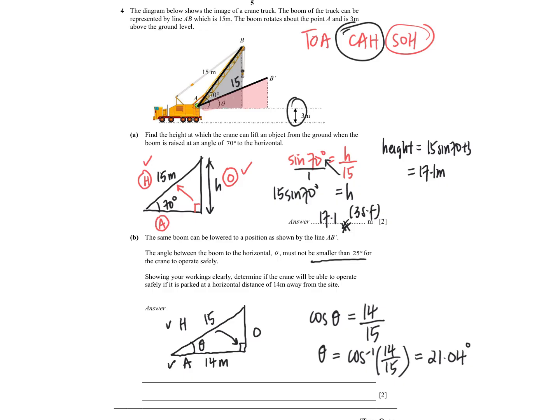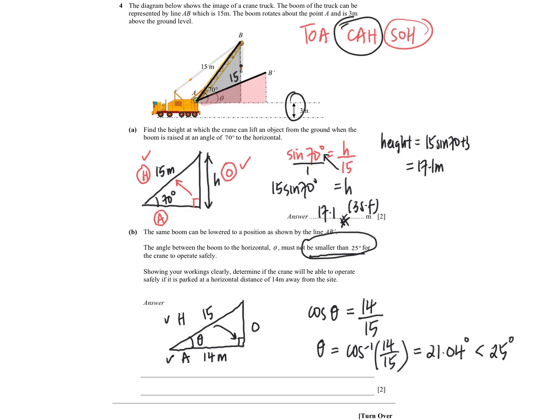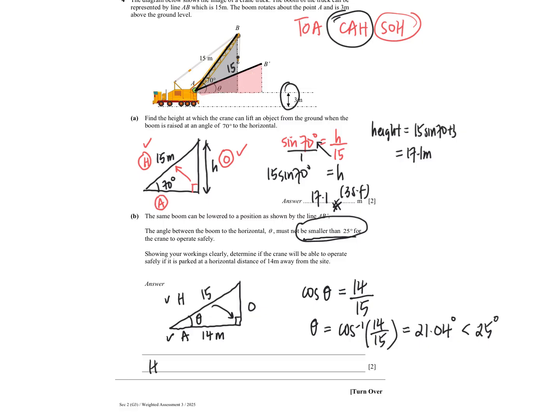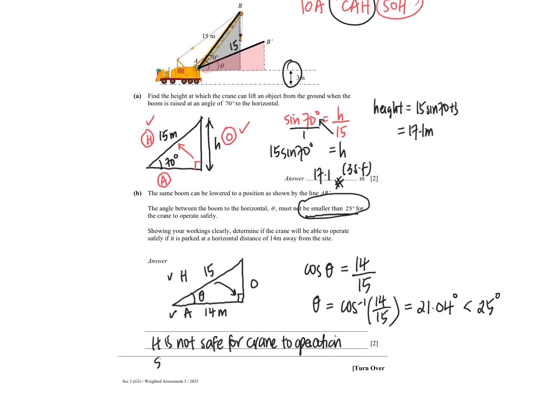Is this safe? No, because it cannot be smaller than 25 degrees. So you will say that it is not safe for the crane to operate, since your angle is smaller than 25 degrees.